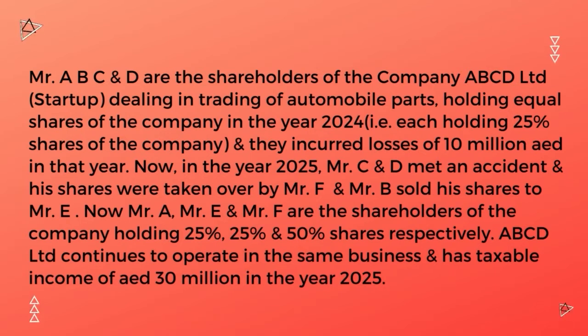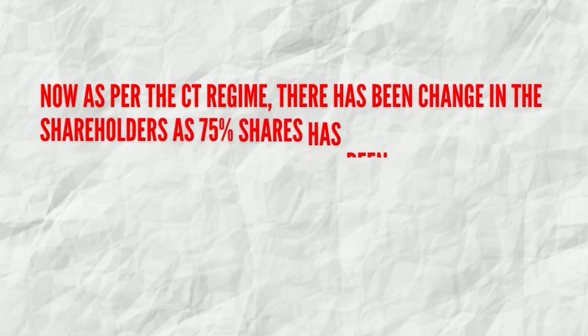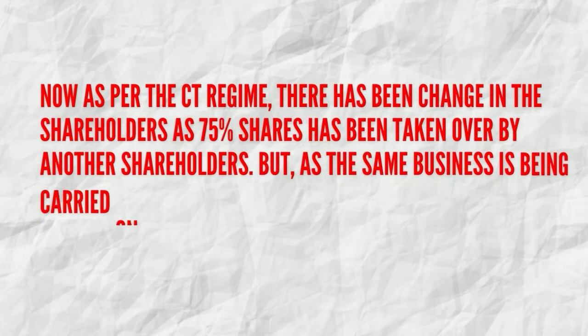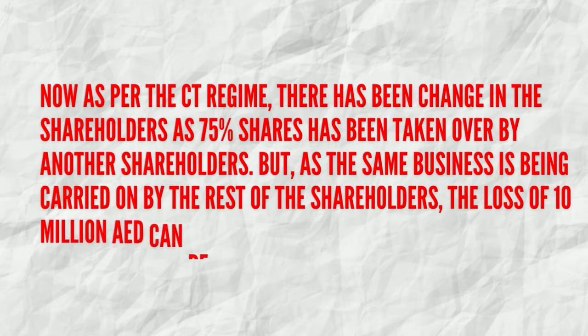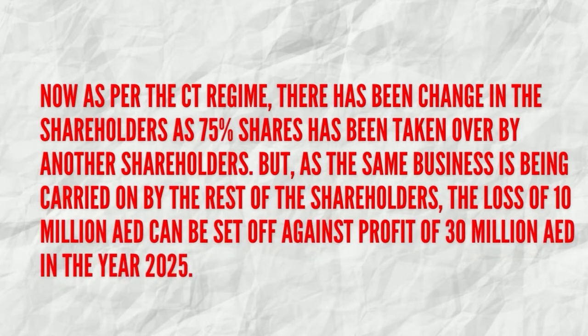Now ABCD is still continuing to operate the same business and it has earned a taxable income of 30 million in the year 2025. As per the corporate tax regime, there has been a change in the shareholders, as 75% of the shares have been taken over by other shareholders since the loss was incurred. The loss was incurred in 2024 and there has been income in 2025, but the shareholding pattern has changed.